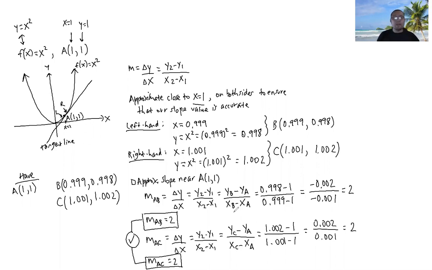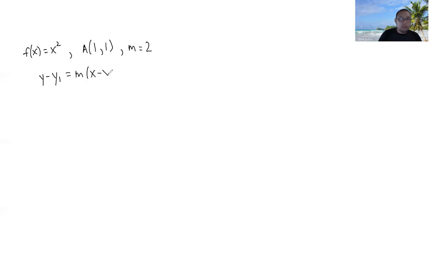All right, so now that we have our slope, remember our workflow, our game plan. Now we are going to take all of our information, so our function, x squared, the coordinate that we were given, and now we also know our slope is equal to 2. And we're going to put all this into the point slope formula, y minus y1 equals m times x minus x1.